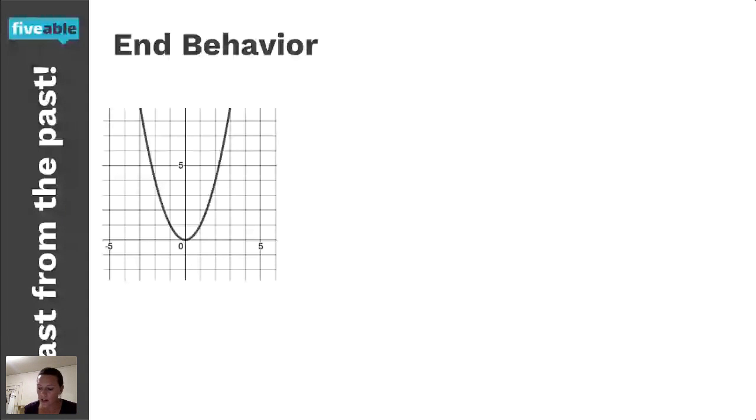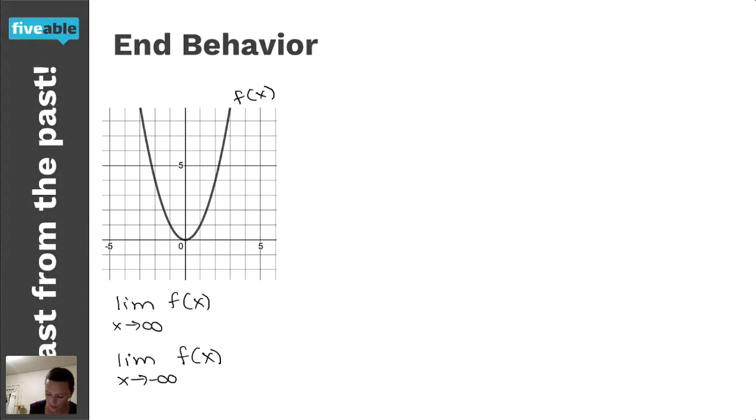When we talk about end behavior, we're really just talking about what's happening to this function, let's call this one f of x, as x approaches infinity, and what's happening as x approaches negative infinity. We are going to find that in both instances, my function approaches infinity.